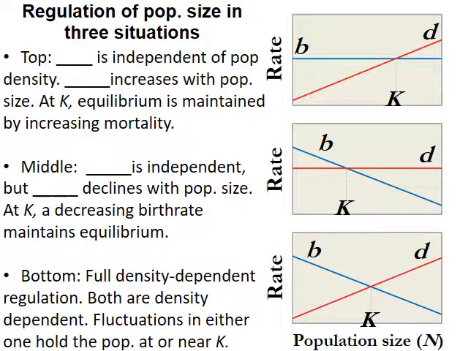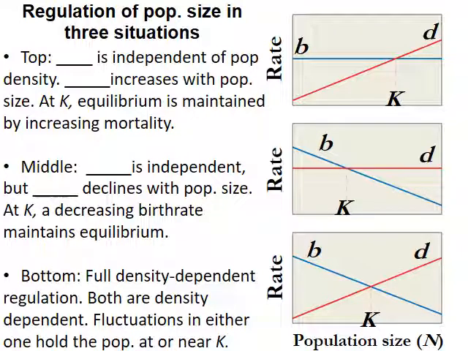Here we can tease these apart a little bit and look at these three different scenarios. At the top right graph, we see that birth rate, B, is independent of population density, whereas the death rate increases with population size. So in this scenario, our carrying capacity is maintained by an increasing mortality. In the middle, we see the opposite.